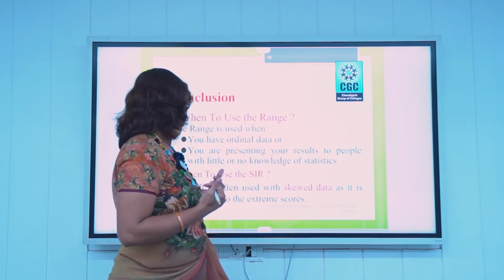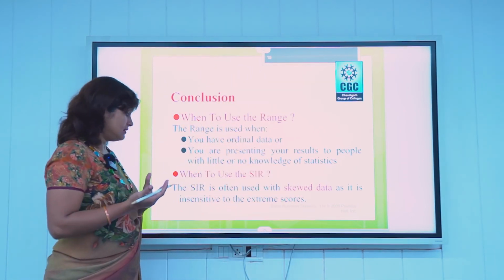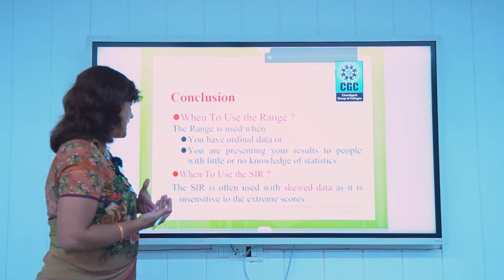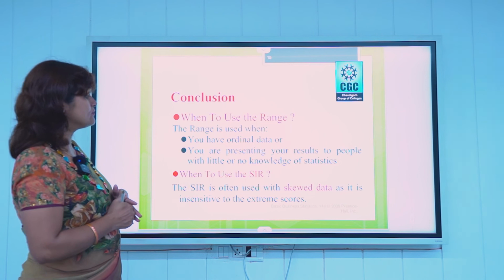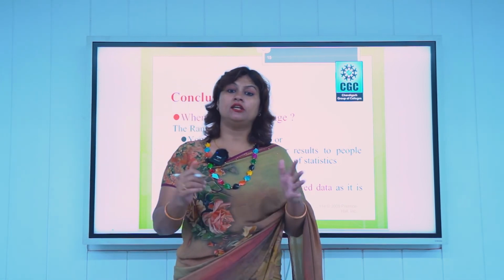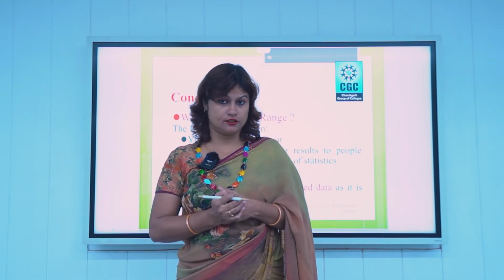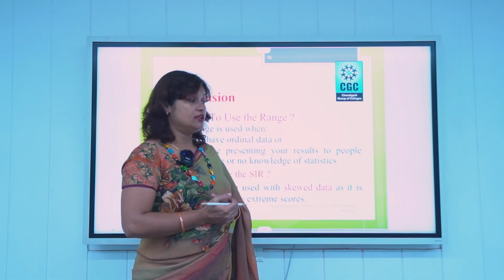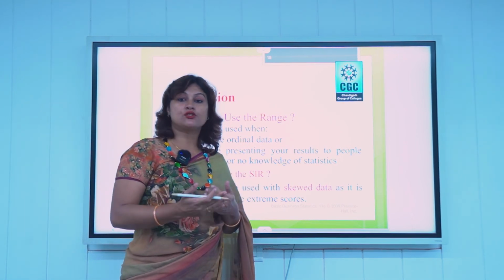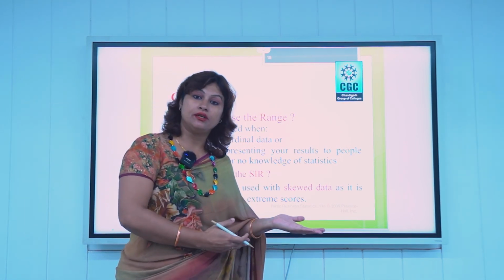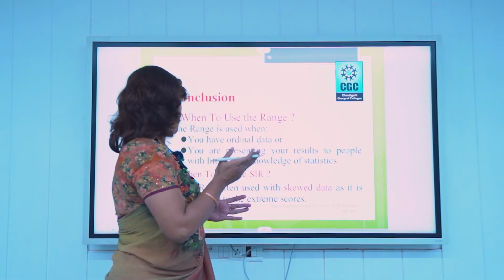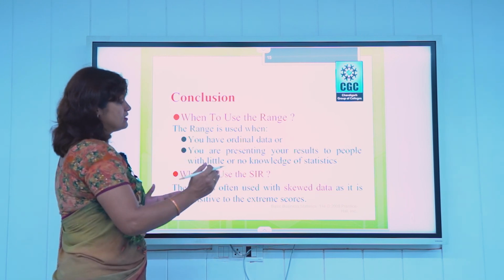That is why, when to use the IQR? The IQR is used with skewed data, as it is insensitive to extreme scores. When there is a lot of variability, where there is no symmetry, then skewness is there. For skewness, you have negatively skewed data or positively skewed data. In all such situations, going with the IQR is the best option.